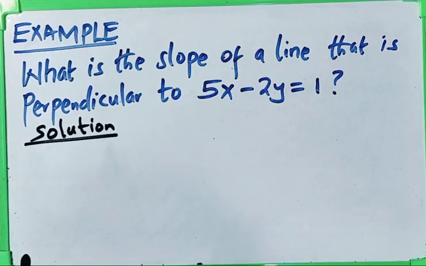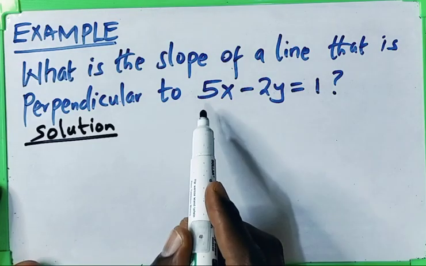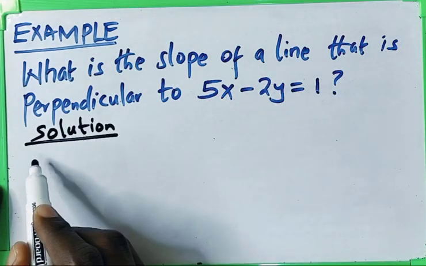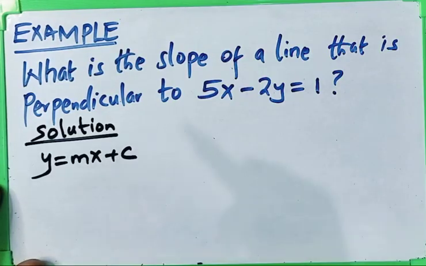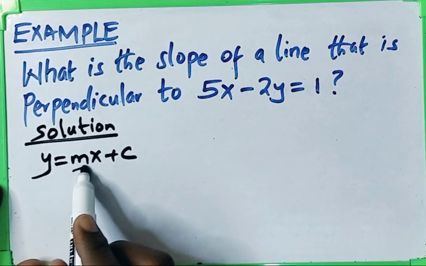For perpendicular lines, the product of their slopes is going to be negative 1. So the best thing we do is arrange 5x minus 2y equals 1 in the form y equals mx plus c, because we want to extract the value of the slope, or m.